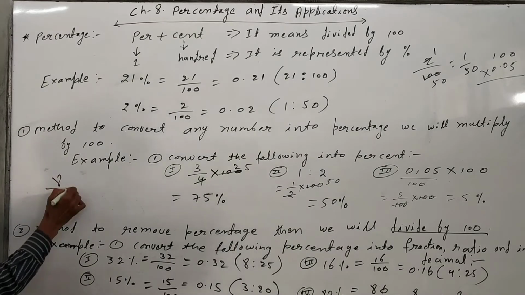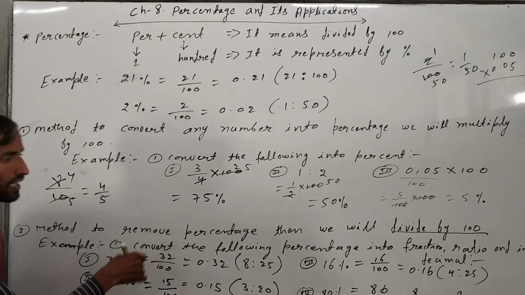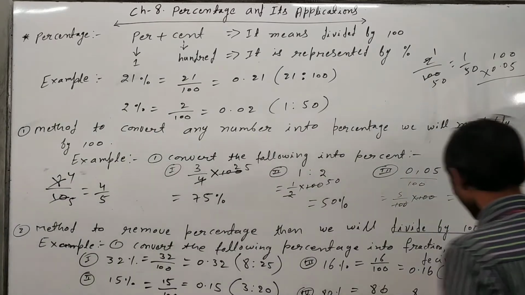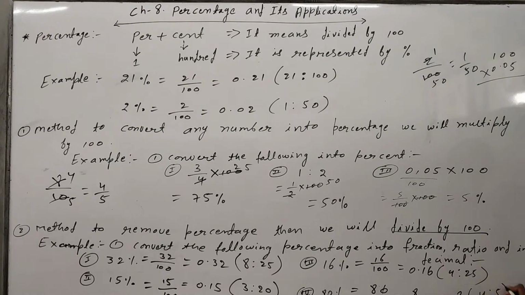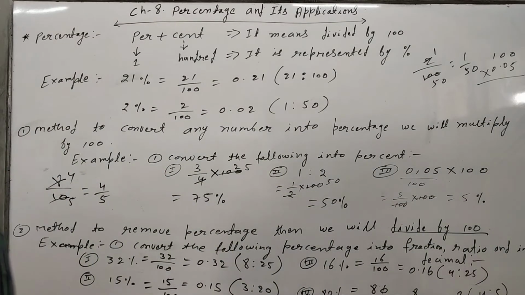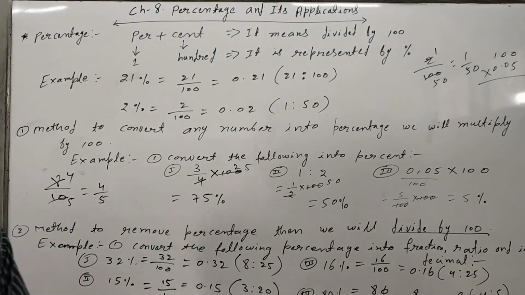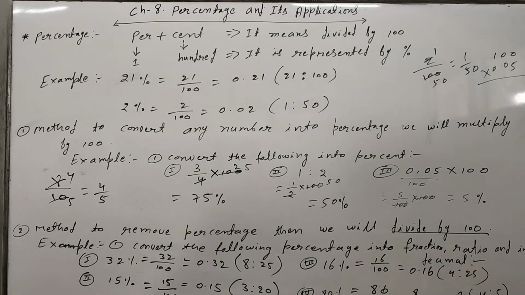Cancel out: 4 twos are 8 and 5 twos are 10. So 4 upon 5, then you can write the ratio 4 is to 5. So these are the methods to convert a percentage into a fraction, ratio or decimal. You divide by 100 and then simplify.